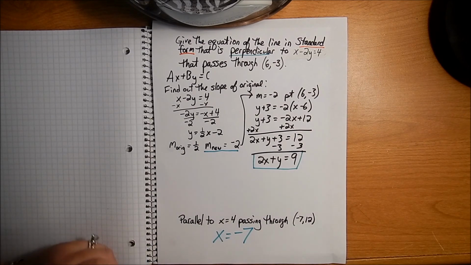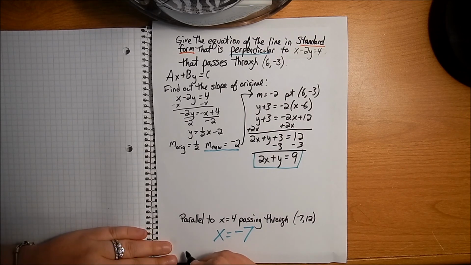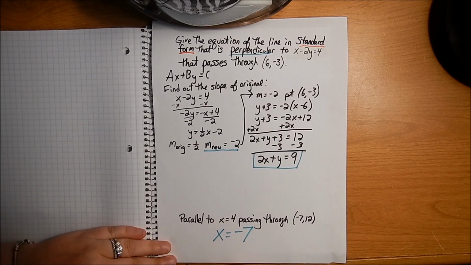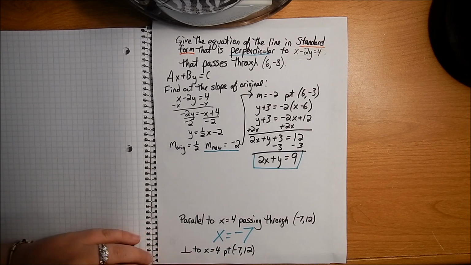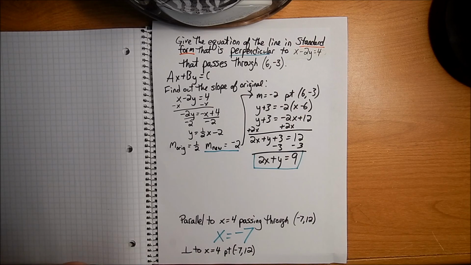What if I had said perpendicular instead, so let's just do perpendicular to x equals 4, passing through the same point? How would your answer be different if I had said perpendicular? Because now, remember we said in the note before, all horizontal lines are perpendicular to all vertical lines.